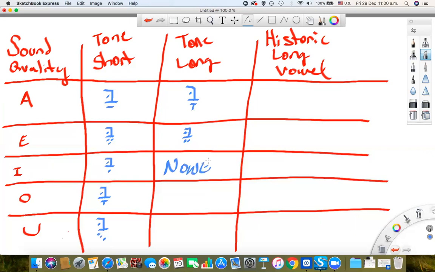I'll just write none in there. Our tone long O class is a holem. So this one is not going to be written under the consonant, but to the top and to the left of the consonant. So like that. Bo, bo. And then we have no tone long U class.